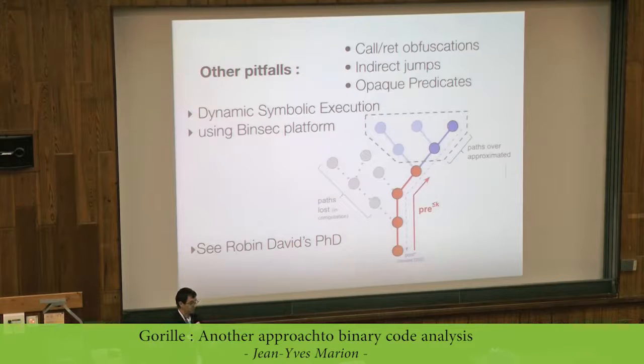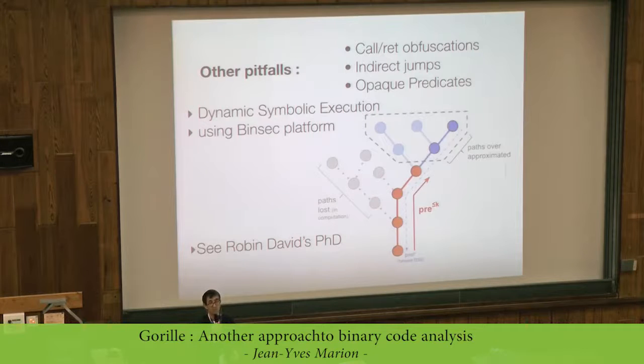Even if you have one trace and you look at the snapshot of the memory for each wave, there are still some difficulties. The difficulties come from opaque predicates, from indirect jumps, when you have something like jump EAX, where you ask what the value of this register is. If you don't know that, you don't know where the targets of the jump are.